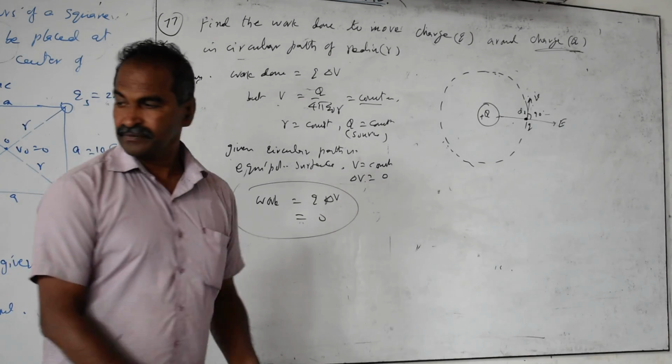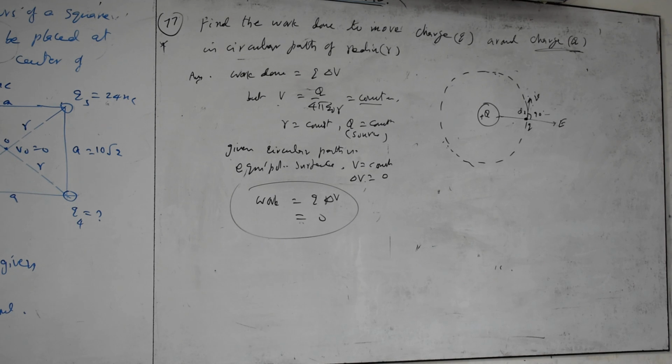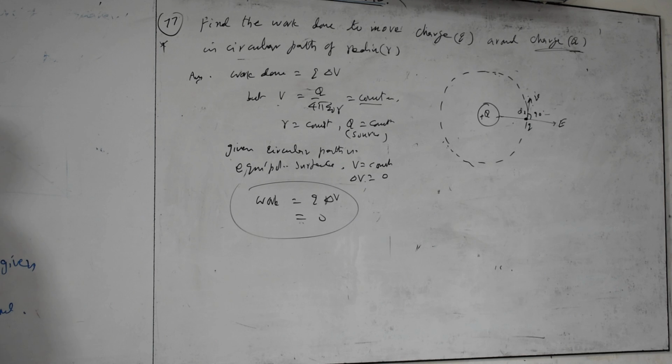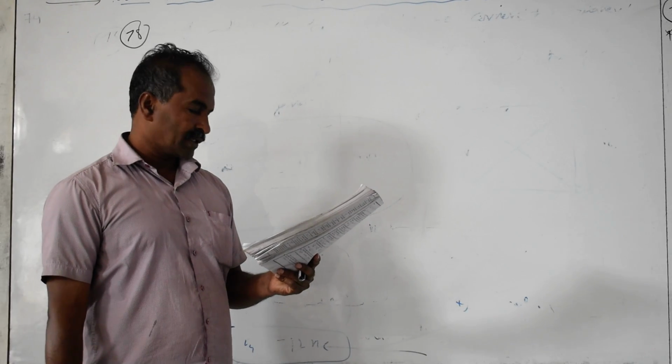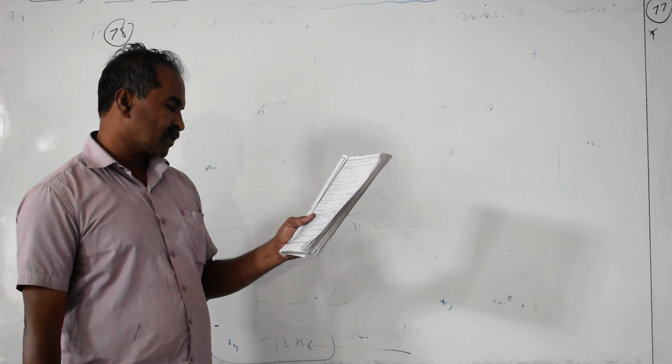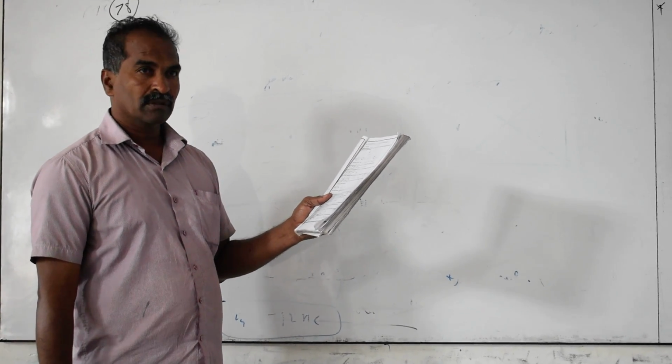Next, question 78. Two charges, Q1 of 12 nanocoulombs and Q2 of minus 12 nanocoulombs, form a dipole.